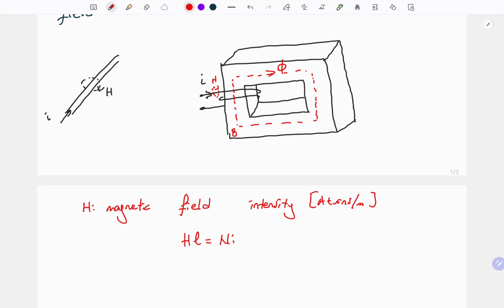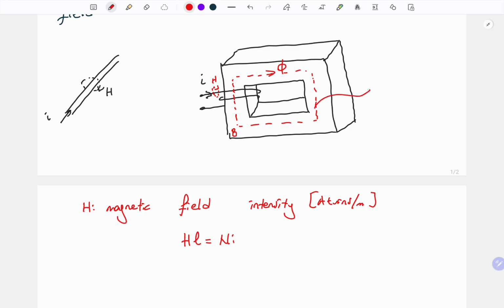In the drawing, the red dashed line represents L also. And on the right side of the equation, we have the total production. In our figure, we have only one winding, but in some designs, we can see more than one, and we have to use the total supply for the right side of this equation, considering their polarities.